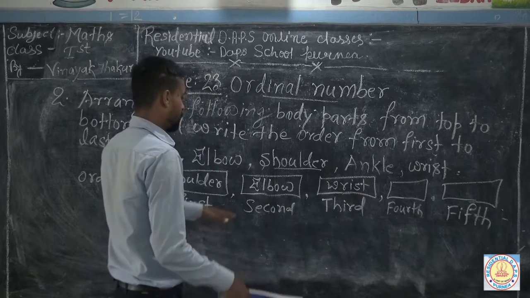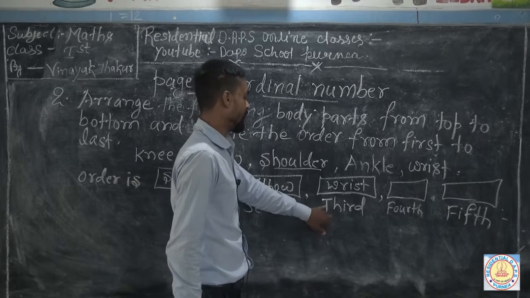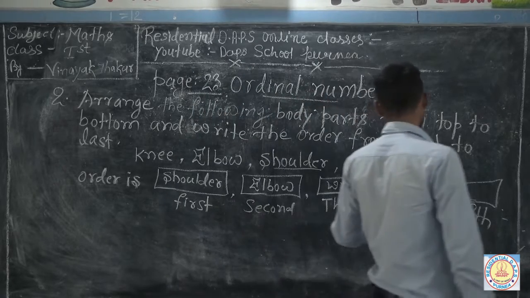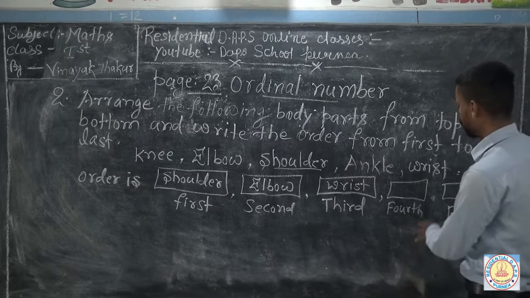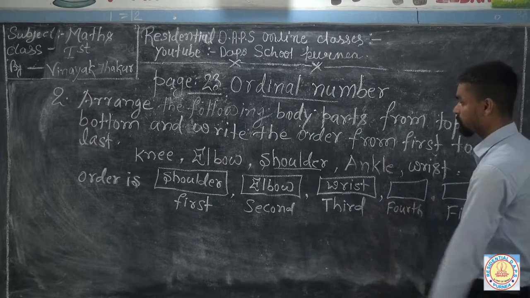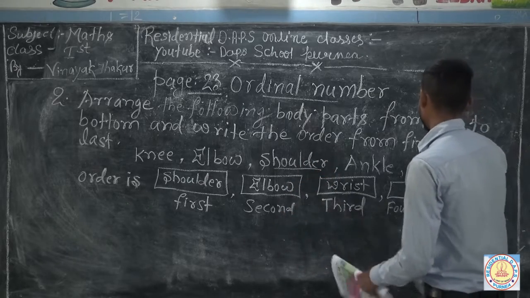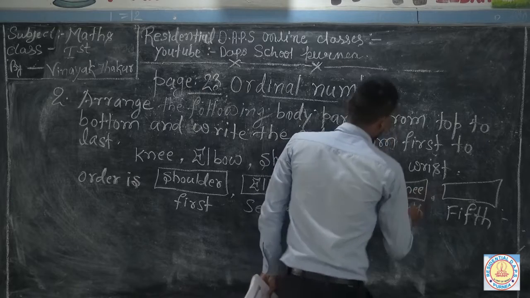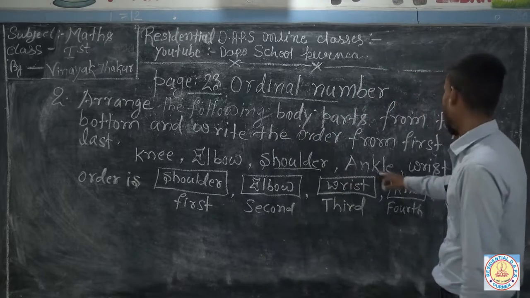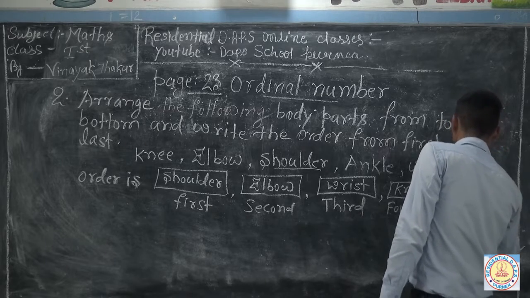After the third part you have to recognize your fourth part in these options. So knee is your fourth part, and last, ankle is your fifth and last part.